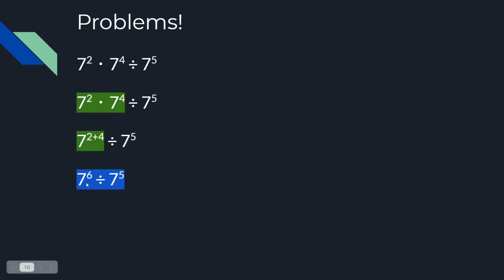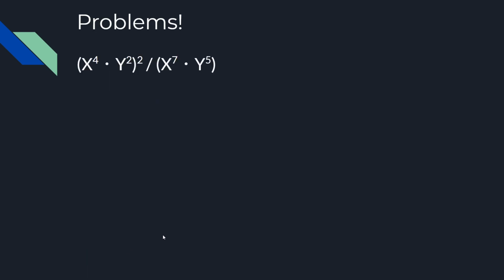And now we'll do the quotient rule. We'll just subtract the exponents, right? Because we're dividing, so we get 7 to the 6th minus 5, which is just 7 to the power of 1. And because of what we just learned, we know that any number to the power of 1 just gives you that number, so 7 is the final answer.